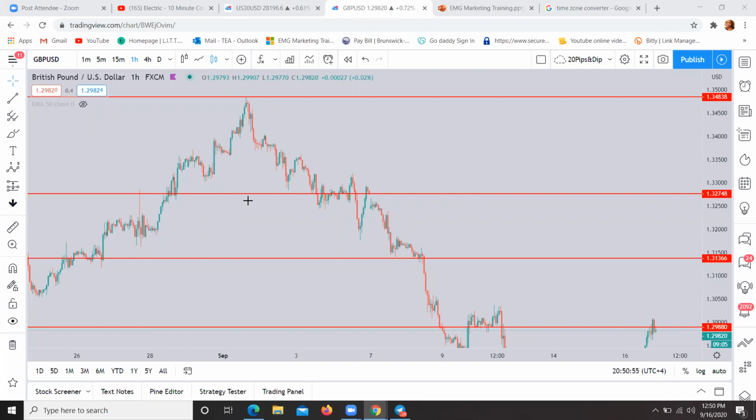Gwen, I would not trade German 30 with a $100 account. No, ma'am, or sir, I'm not sure. Absolutely not. So let me break this down. When the signal says 0.01 for every $500, that means that you cannot trade that pair with less than $500 in your account.